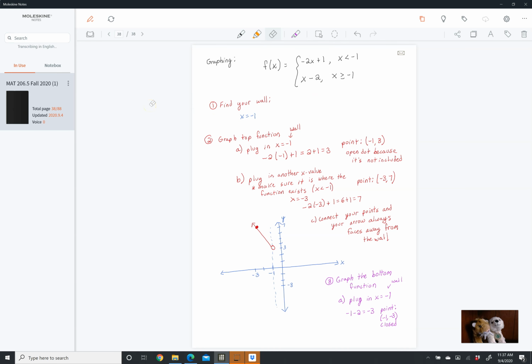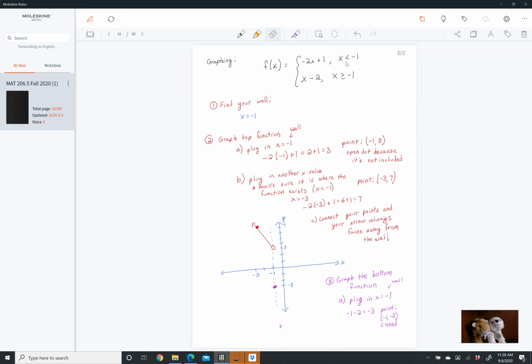And it's a closed dot that is on the wall. Okay, so notice this vertical line still passes through only one point because this is not really a point that's on the line or on the function. Okay, then we just plug in another point.